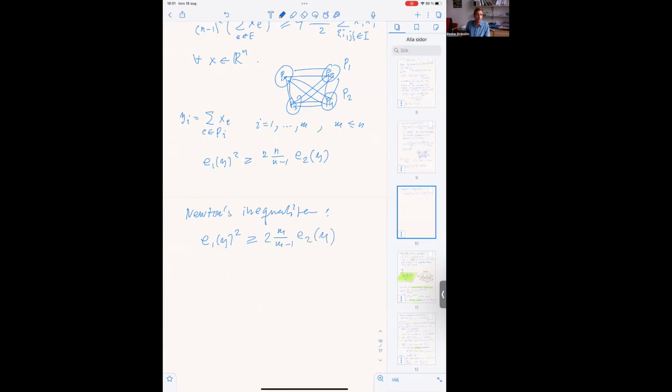And since m is, so we can of course assume that E2 of y is positive, because otherwise, if it's negative, then this is obviously true, since this is a square.